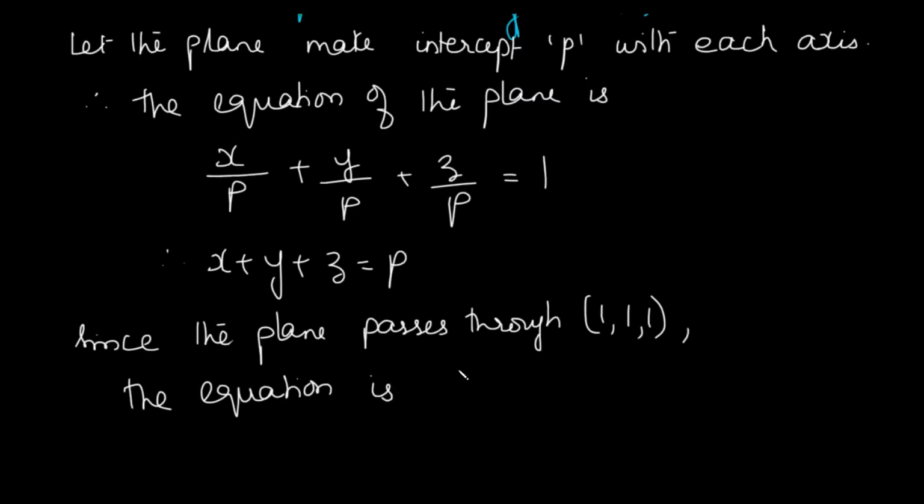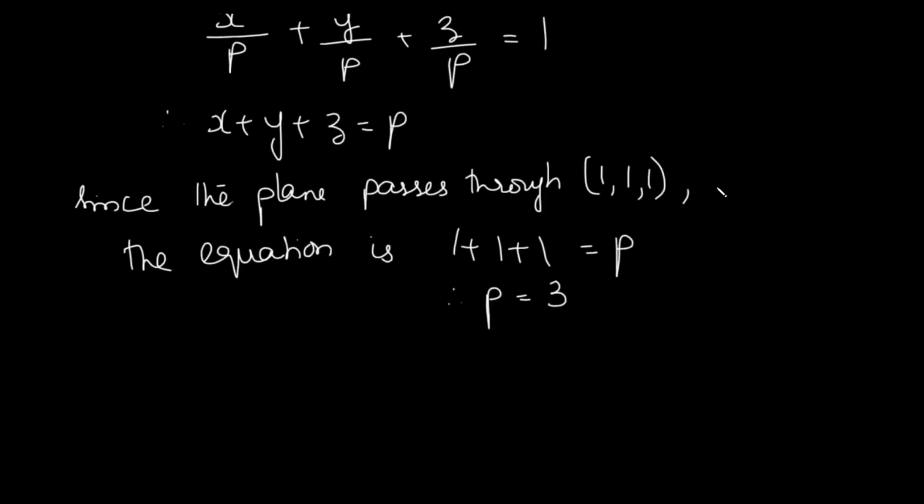The equation is 1 plus 1 plus 1 is equal to p, and therefore we get p is equal to 3. Now p becomes 3, and therefore we have x plus y plus z is equal to 3 as the Cartesian equation of the plane.